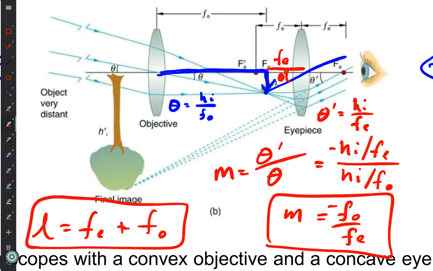For a telescope, very clearly, which lens needs to have the long focal length? What's going to make M bigger? A big number on top or a big number on bottom? On top. So that one's going to be the objective. So for a telescope, you want your objective to have a very long focal length, your eyepiece to have a short focal length.